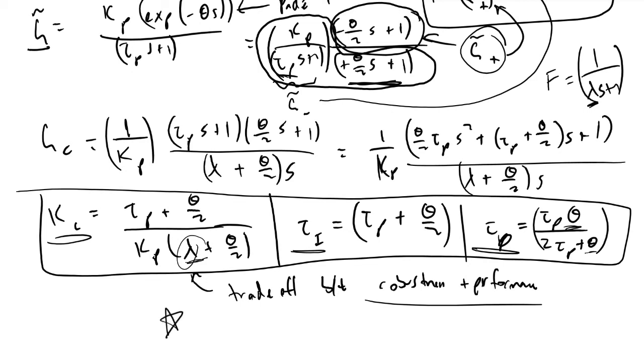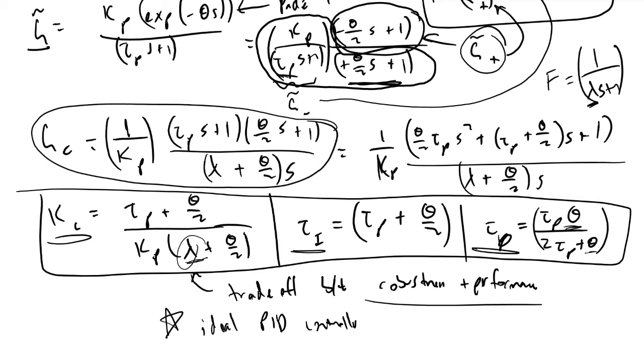An important note here is that this is an ideal PID controller, because what we'll note here in this GC function is that the degree of the numerator exceeded that of the denominator, and consequently this system is what's referred to as aphysical.